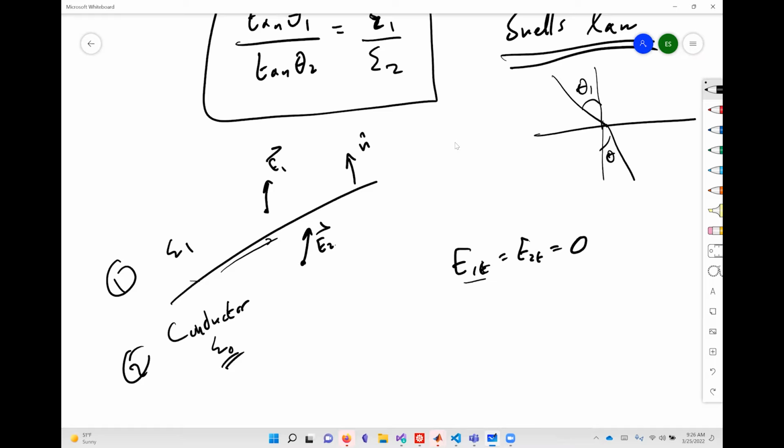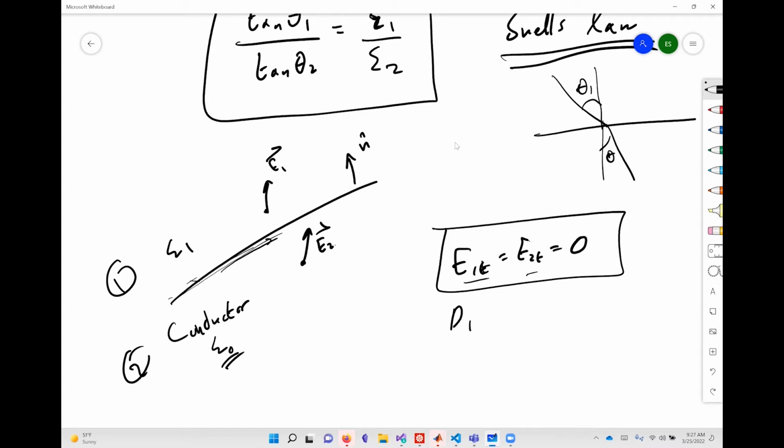Anyway, we know that the tangential component has to be equal, but furthermore, because this is a different material, epsilon 1 and epsilon 0, we know that the tangential component has to be continuous. But there is also an extra constraint we have to put in, which is there is no tangential component because current does not flow at the surface of the conductor. Everything is in steady state. So this is the first boundary condition for a conductor.